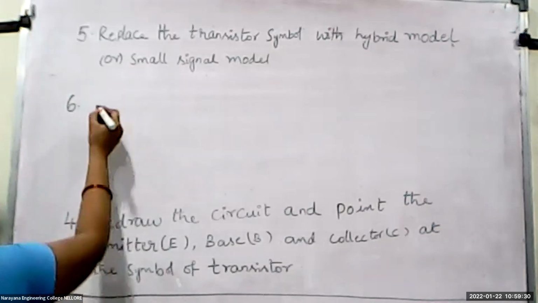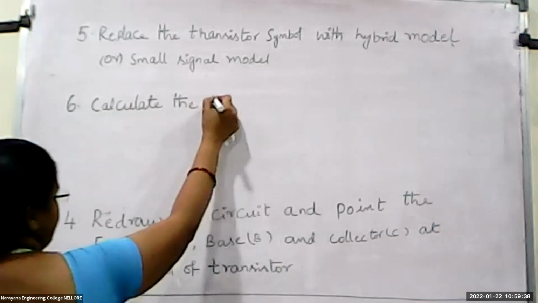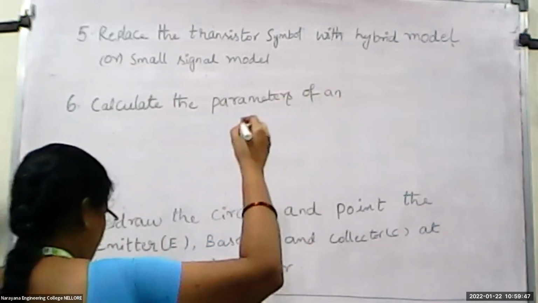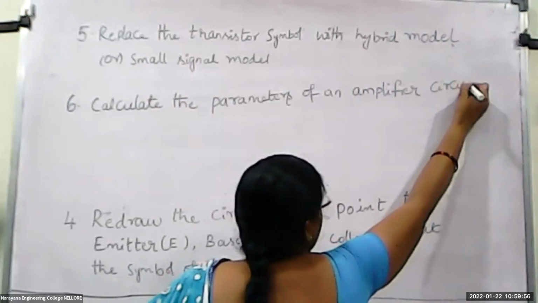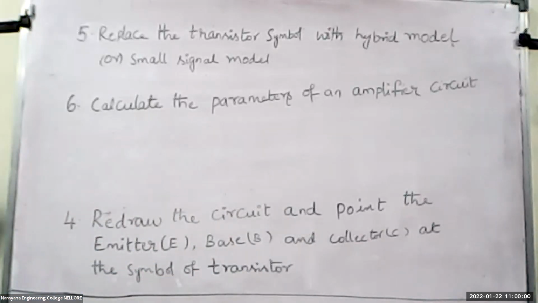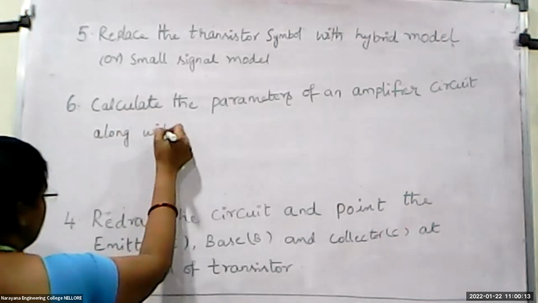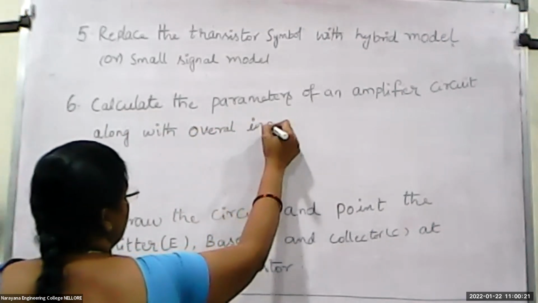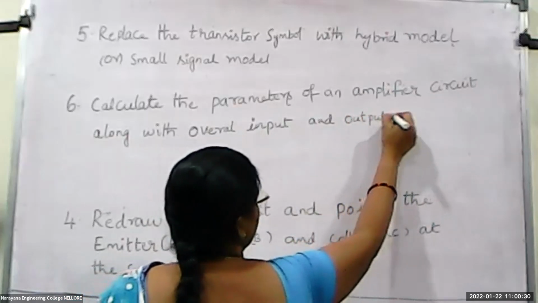Sixth point, calculate the parameters of an amplifier circuit along with overall input and output impedance.